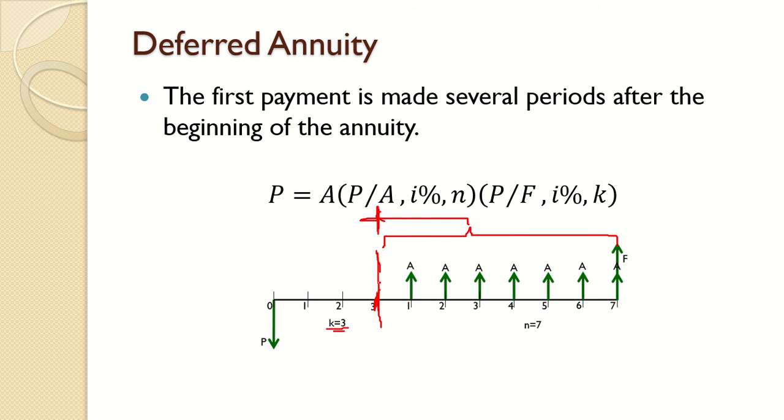So until this point here, you will have a present worth. Then na nakay present worth, say this is P sub 1. So ang mabilin ana is you will have P and P sub 1 where K is equal to 3.